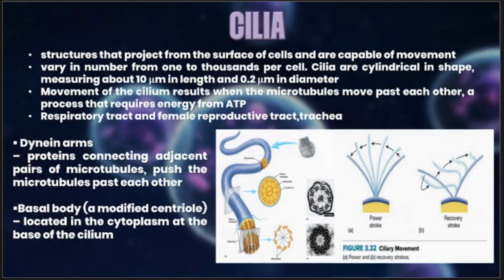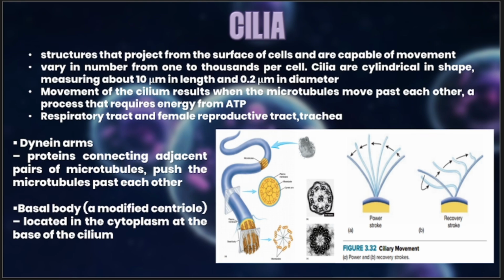We also have your cilia. Your cilia are hair-like processes. They are very numerous in the epithelial cells of your upper respiratory tract. Cilia can also be seen in parts of the female reproductive tract, and even in the ependymal lining of the cavities of the central nervous system.